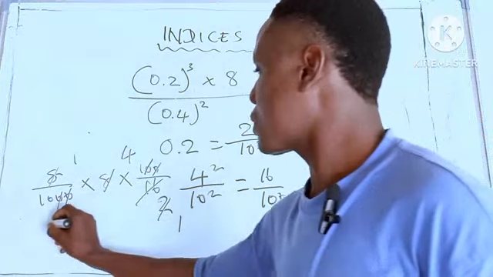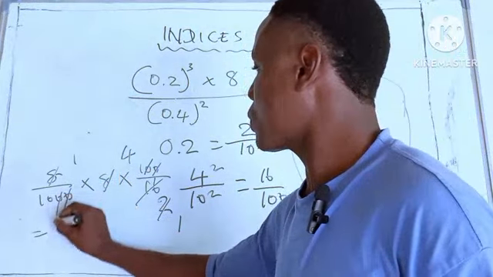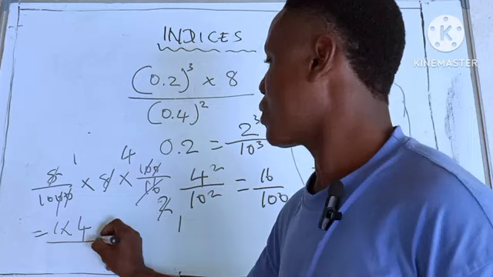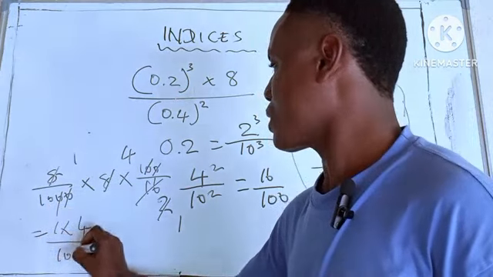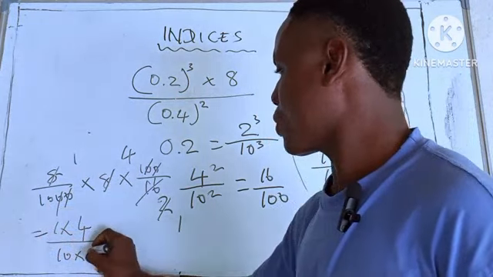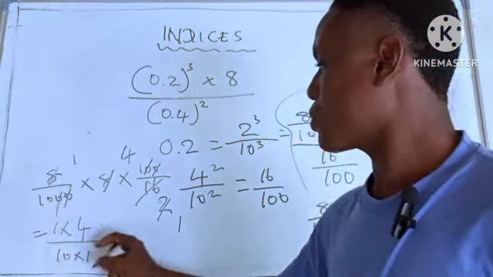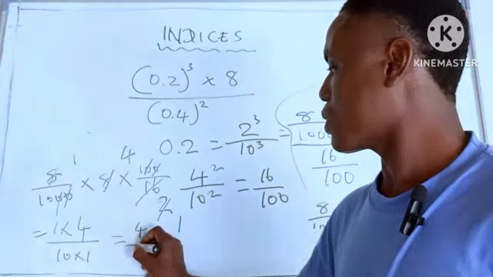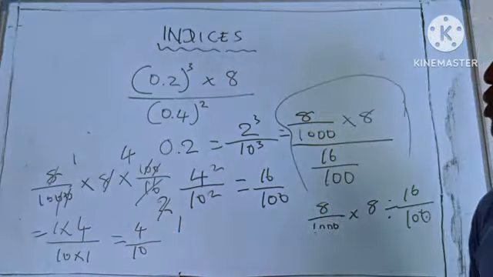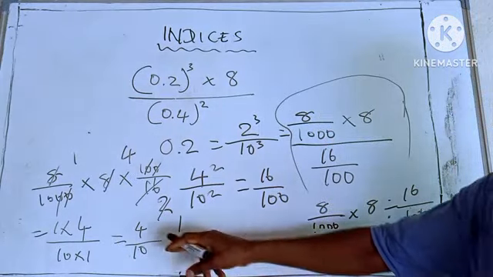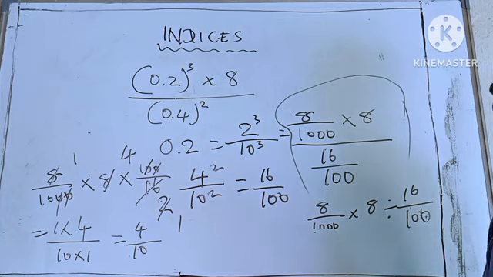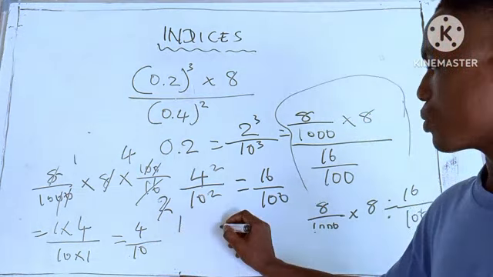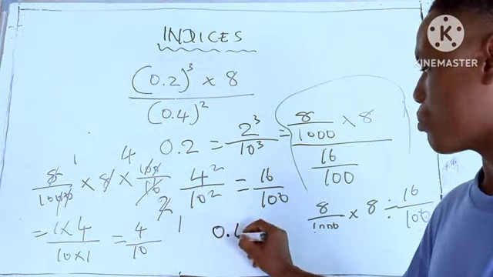So we are left with 1 times 4 all over 10 times 1. 1 times 4 is 4, all over 10 times 1, which is 10. You can leave your answer in this fraction form, or you can change it to decimal form. If you press your calculator, it will give you 0.4.